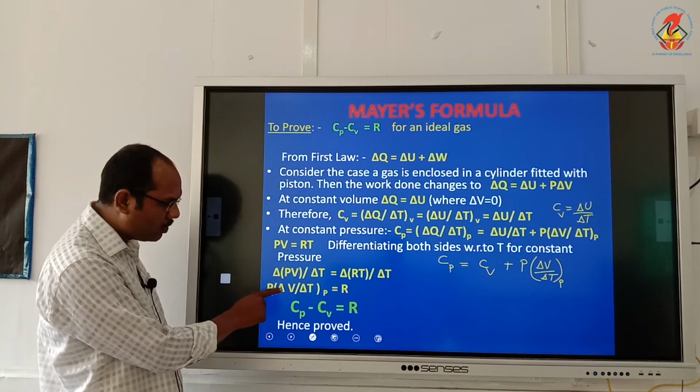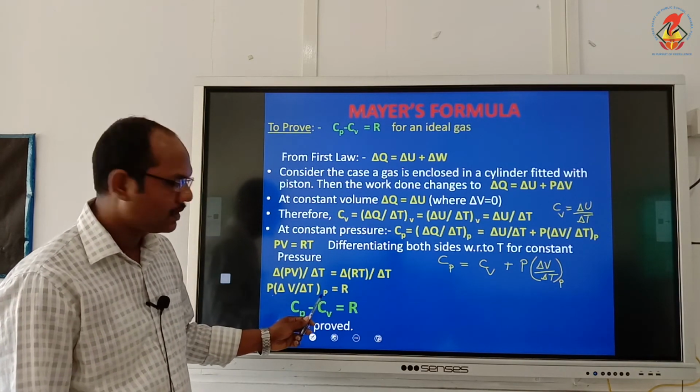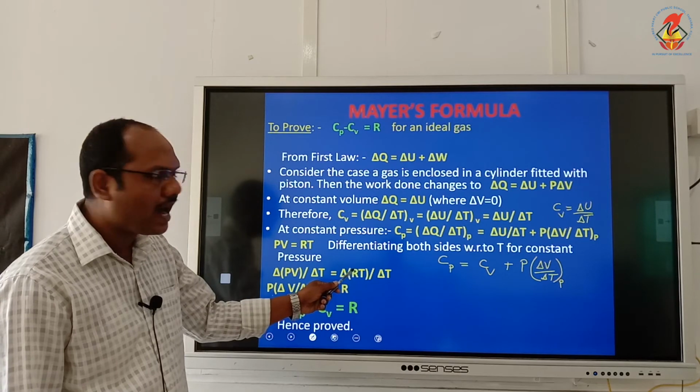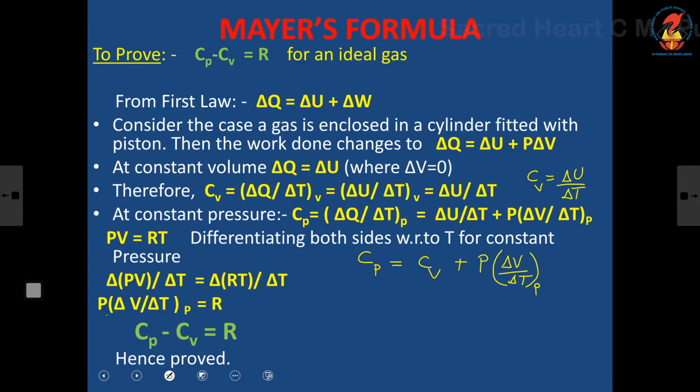So, P into delta V by delta T at constant pressure equals, here R is constant, I take it outside, delta T by delta T is 1. So, R.